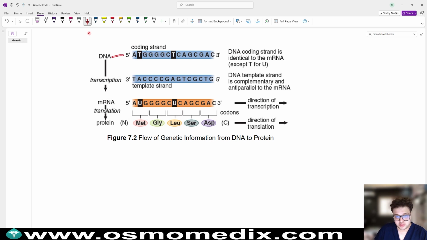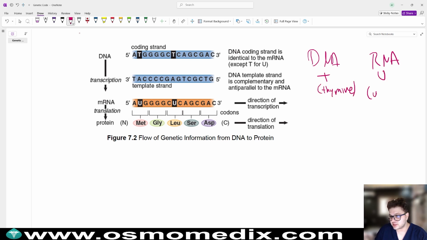Because if you imagine, this strand will be exactly the same as the mRNA, except T for U, because RNA doesn't have T. In DNA we have T, thymine, but in RNA we have U, which is uracil.